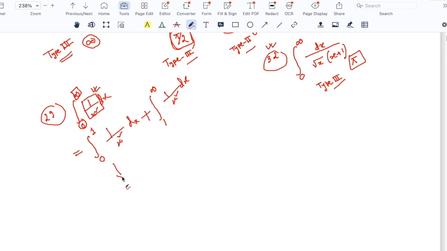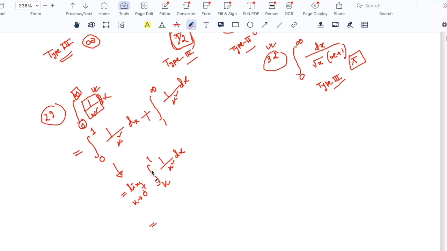So now let us work with the first integral. By definition, we can write the limit. This integral is improper because of the lower limit. So if I put k for the lower limit, then it will be a proper integral, and k tends to 0 from the right because it is for the lower limit.